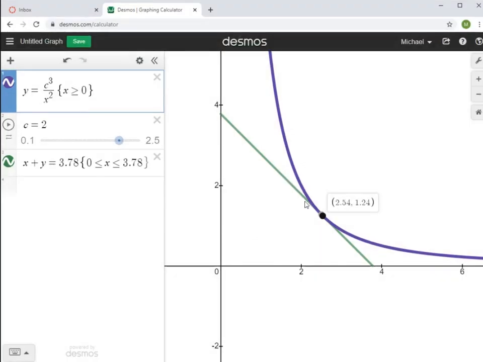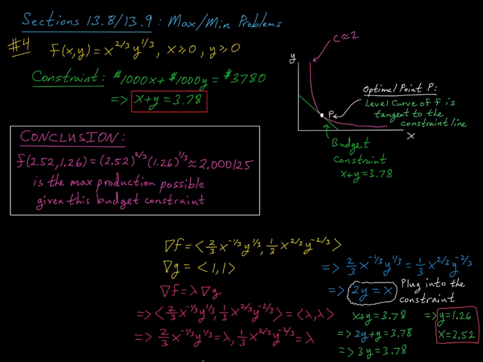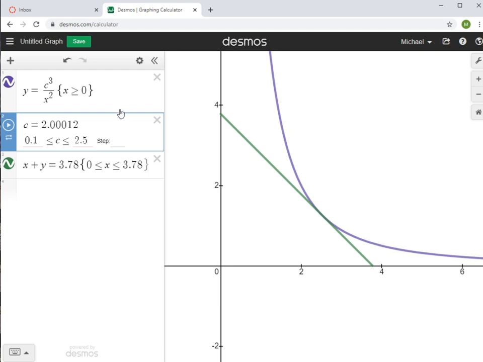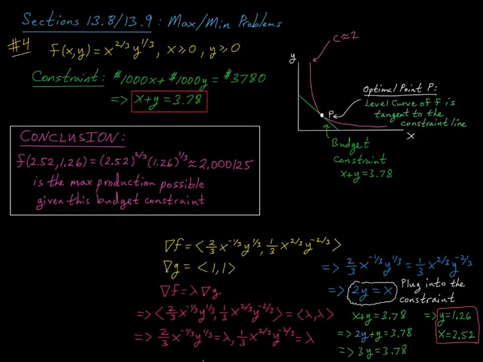So when we were eyeballing it on Desmos, I was saying, gee, at c equals 2, it looks like we're pretty darn close. So if I put in the actual value we just computed, 2.000125 at least approximately, with that choice of c, and if I zoom in, aha, that actually now is tangential. Awesome. So this will be our maximum production possible given this budget constraint.